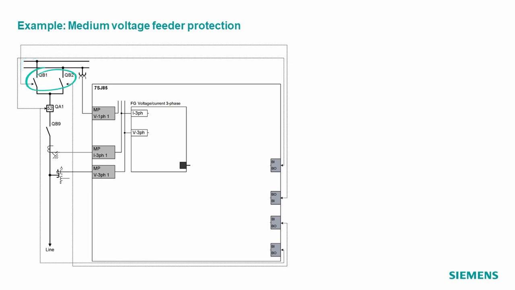You have 2 isolators where you can connect the feeder to one of the 2 bus bars or even to both bus bars. Then you have the circuit breaker, you have the line side isolator, then you have the current transformer, the line side voltage transformer, and in this case we also have a voltage transformer on the bus bar, which we, for instance, need to have a synchro check functionality.